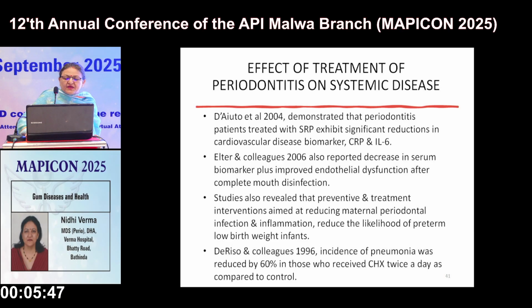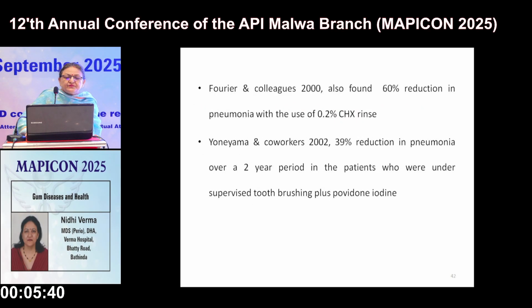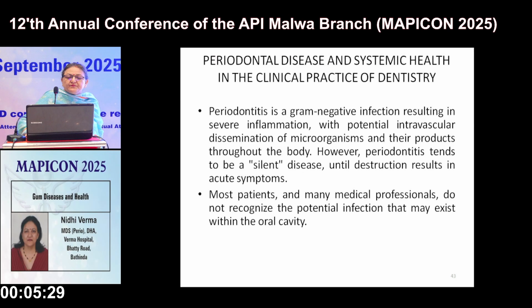If the patient is given chlorhexidine twice a day, the incidence of pneumonia is also reduced. A few studies show that even a 0.2% chlorhexidine oral rinse leads to a 60% reduction in pneumonia.